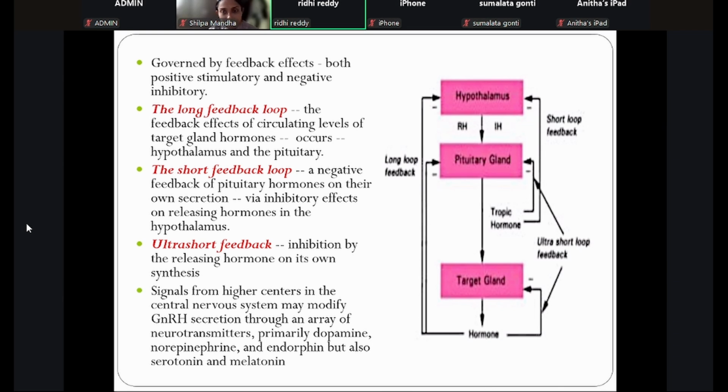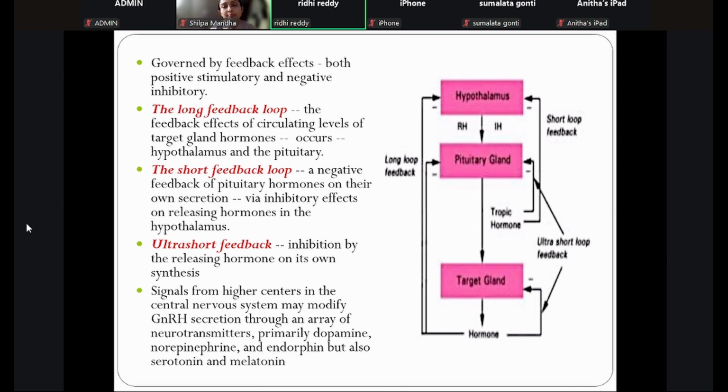In short feedback, the pituitary hormones like FSH or LH exert an inhibitory feedback on the releasing hormone from the hypothalamus. Ultra short feedback is the inhibition by the releasing hormone, like GnRH, on its own synthesis.